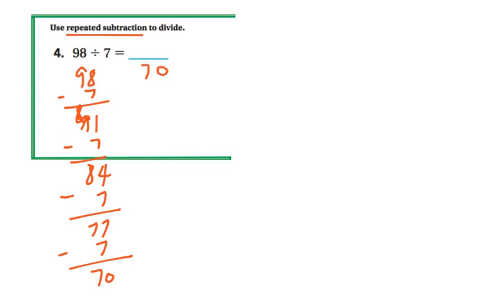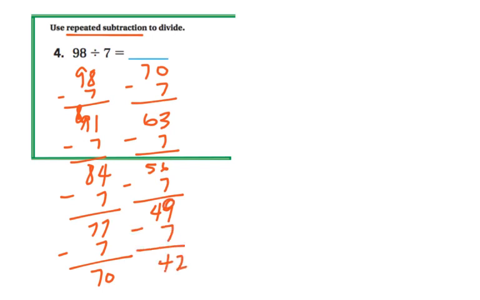Then I'm going to take 70 and I'm going to subtract 7 from that, and I'm left with 63. Take another 7 away, and I am left with 56. Take another 7 away, and that would be 49. Take another 7 away, and I'm left with 42.